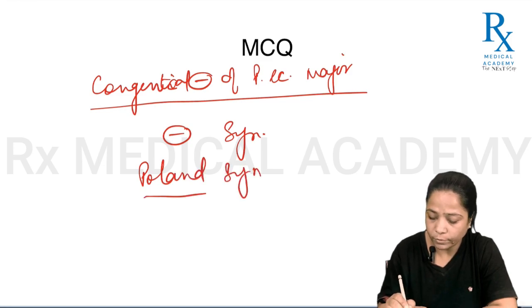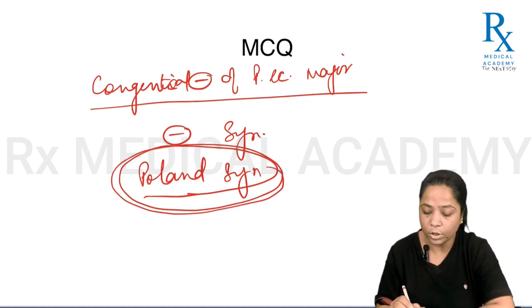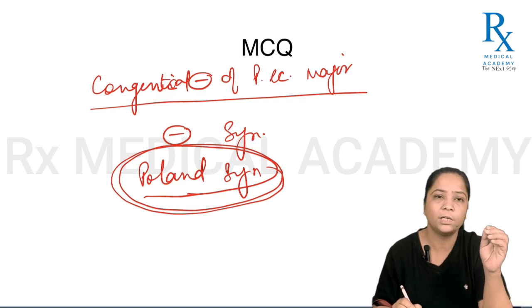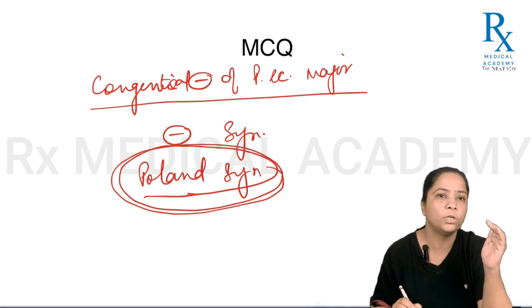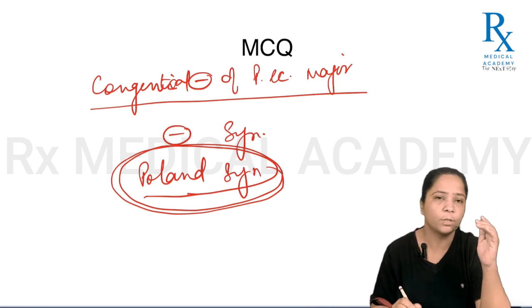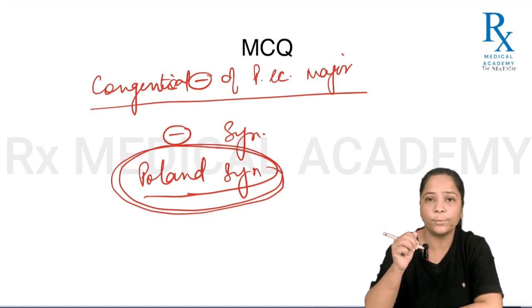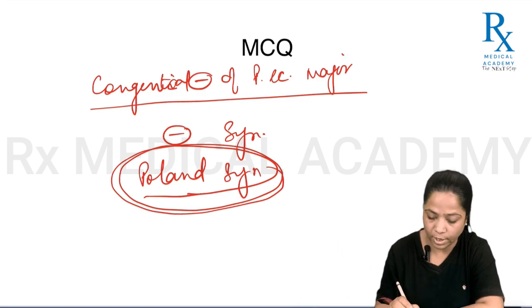So another MCQ is asked what is Poland syndrome, or what are the clinical features of Poland syndrome. One important clinical feature of Poland syndrome is absence of pectoralis major muscle. Sometimes the pectoralis minor is also absent in this syndrome, and also the ribs from which it is originating, like the second, third, fourth rib, are also absent.